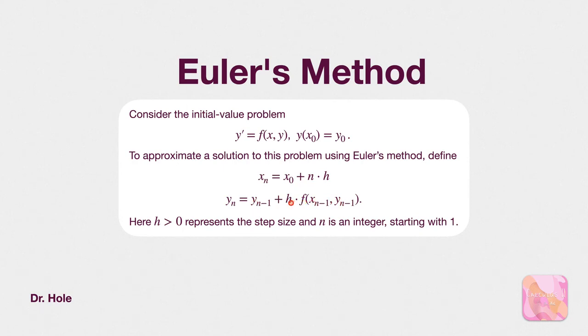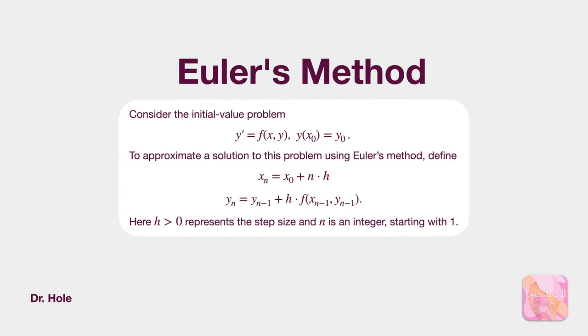Now the h represents a run quantity, and then the f is a y prime quantity. F being a y prime quantity, you can term that rise over run. So if this is rise over run and you're multiplying by run, then this product would be rise.